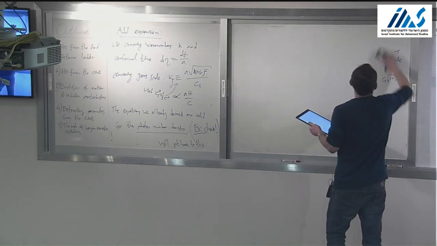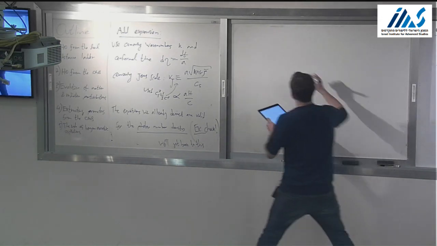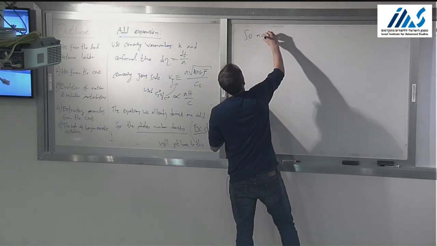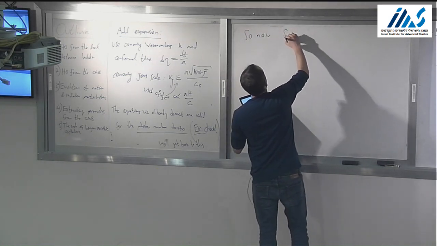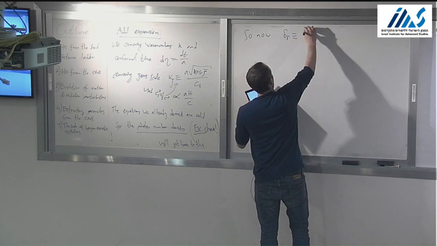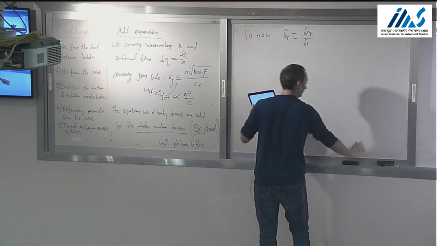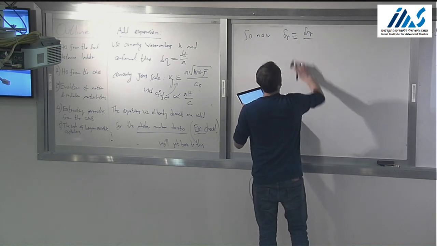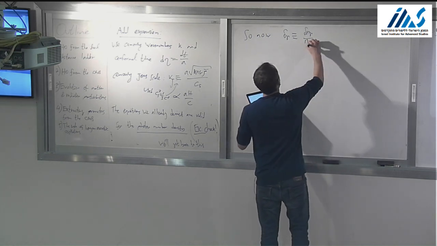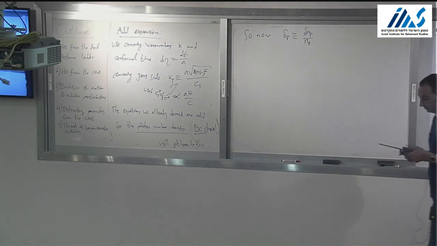Okay. So now our perturbation is going to be delta gamma, and it's this perturbation in the number density.